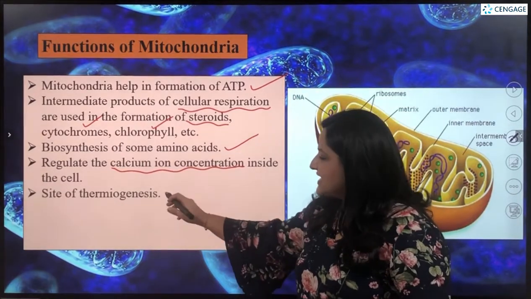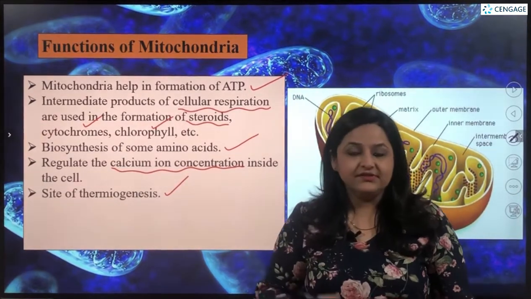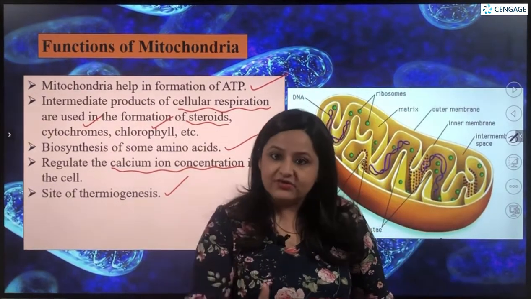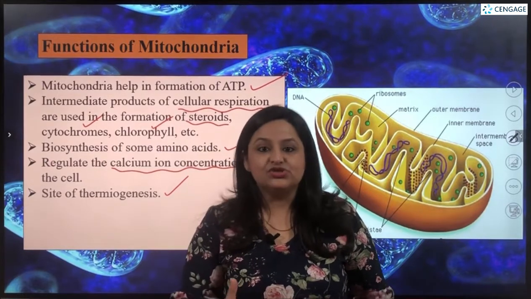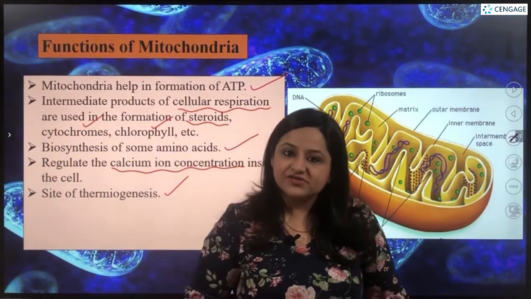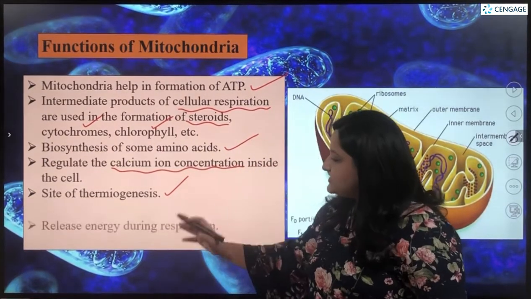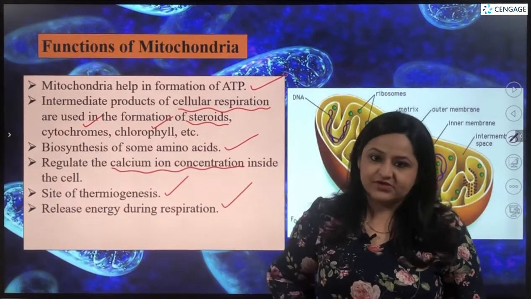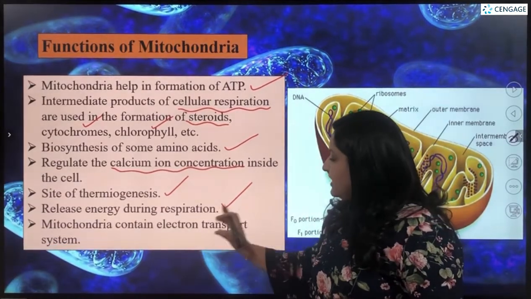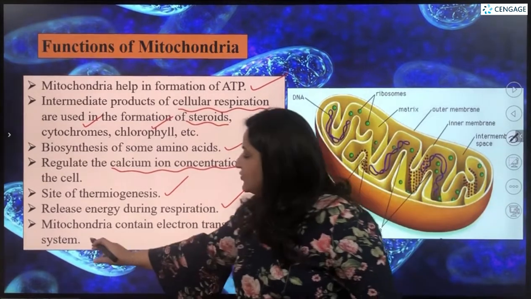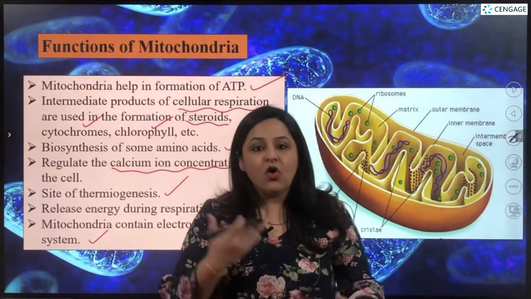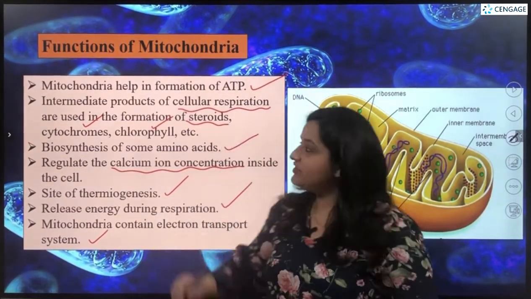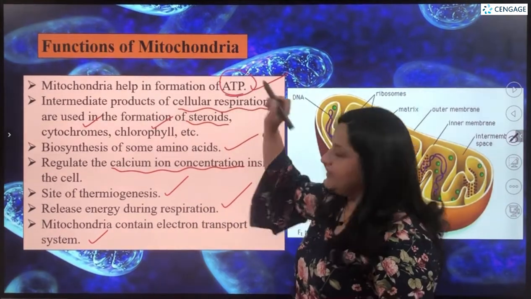It is also the site of thermogenesis. That means it produces energy, it produces heat. So, it is the site of thermogenesis as well. And obviously, why? Because it releases energy during the process of respiration. Mitochondria also contain the electron transport system, all of which is required for the formation of ATP.